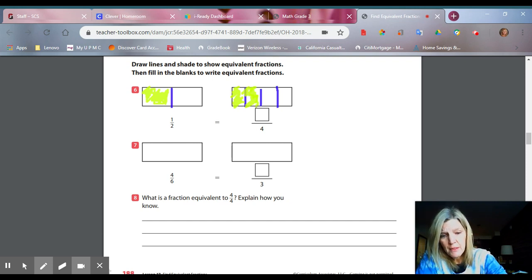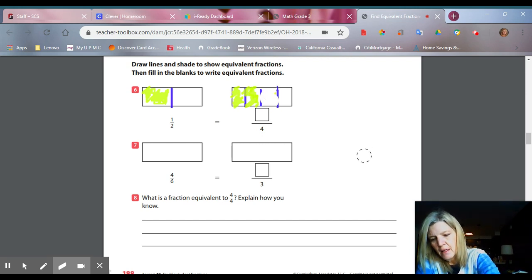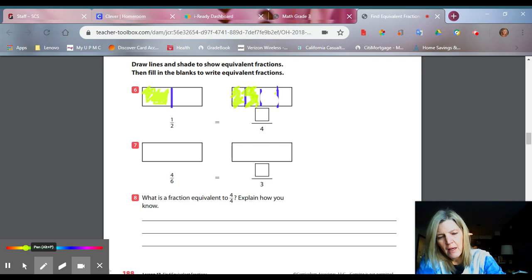What if we did 3/4? Is that enough to be equivalent to half? Is it too much? Definitely too much. So the answer, how many fourths is equal to half, is 2/4.